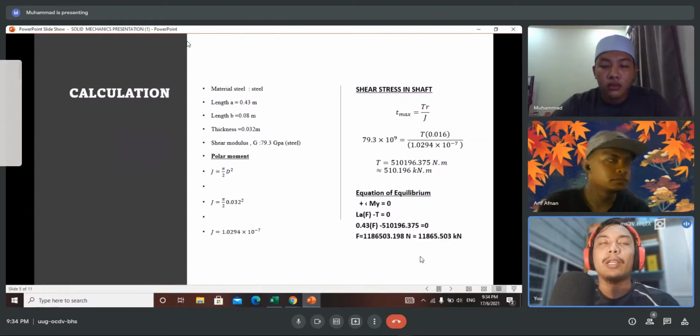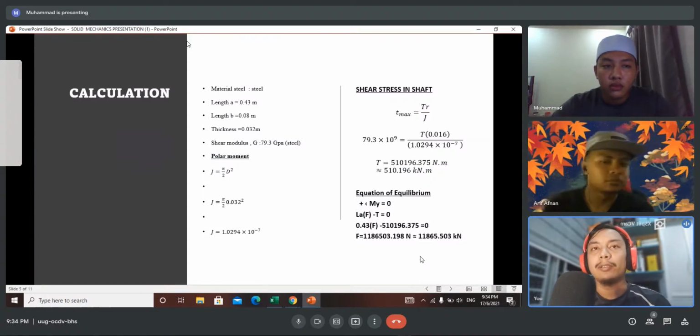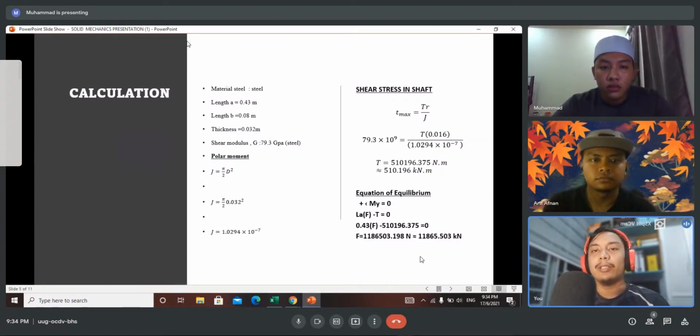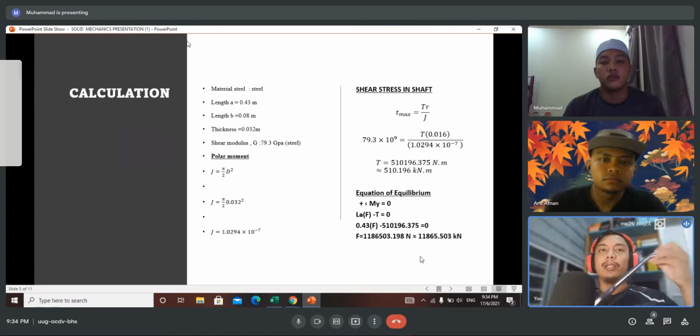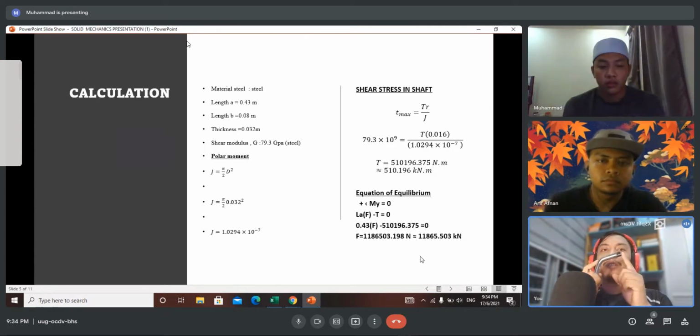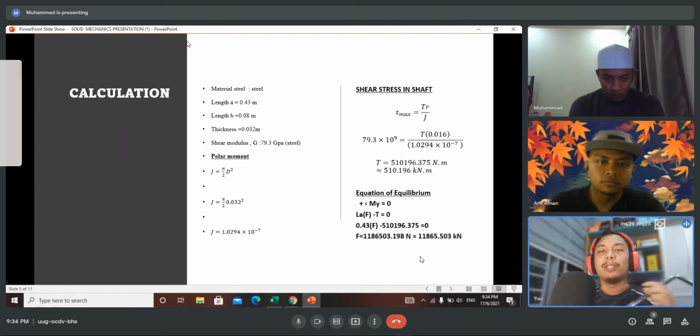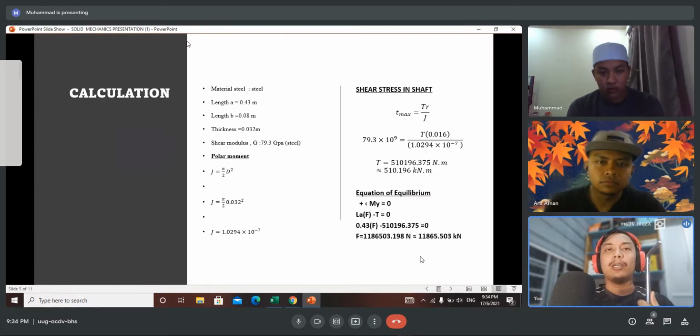This wrench sleeve is made of steel, and the length of the wrench is 0.43 meter, the length of B is 0.08 meter, and the thickness is 0.032 meter.